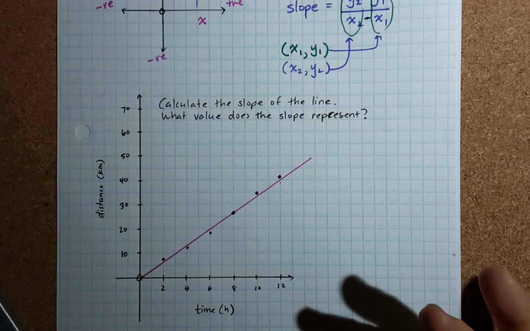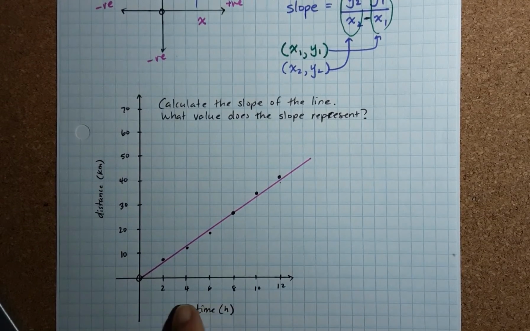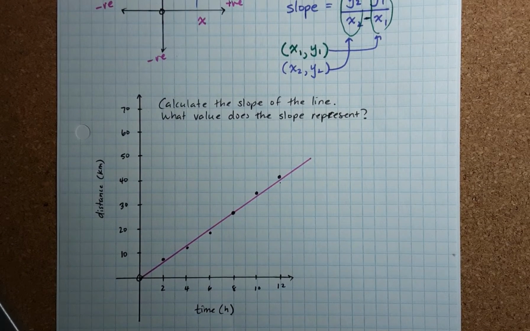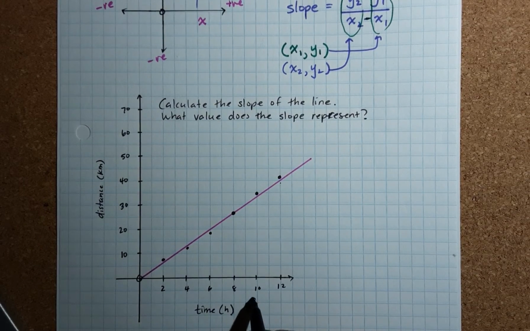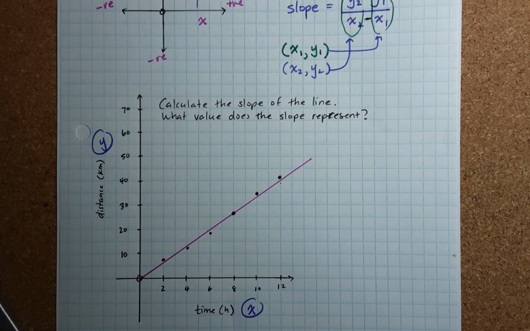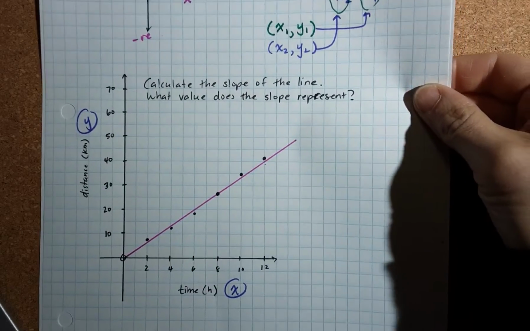And this is how science is different than math because our axes usually have some kind of label other than x and y. In this one, we have time on the x-axis and distance on the y-axis. So let me just put an x here and a y here just so you don't forget. But when we're in science, we usually don't put x and y. But we have to remember which one is x and y.